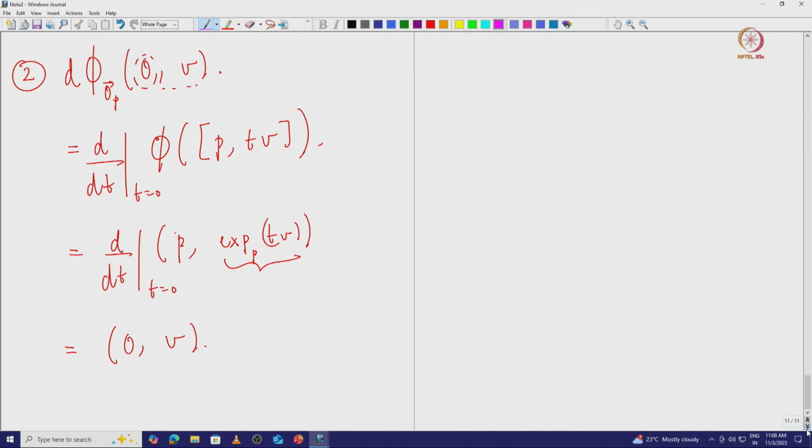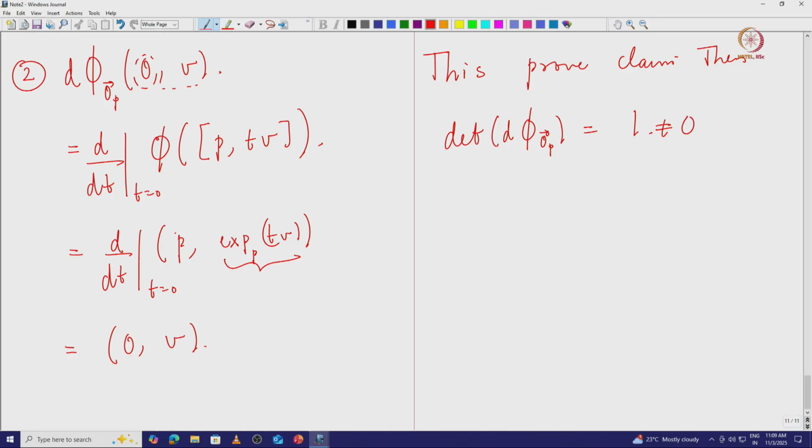So in particular, this proves the claim. But then what is the determinant of the derivative map? Well, that is just going to be 1, which is non-zero. So, by the inverse function theorem we are done.